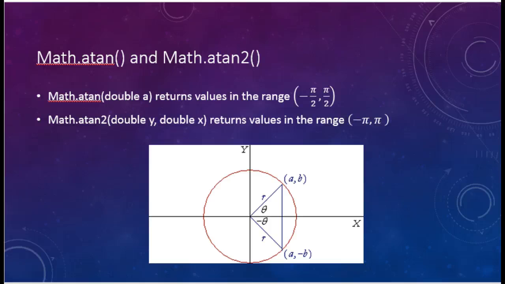So now, going from 1400 to today, we have these functions in the Java library, math.atan and math.atan2. Math.atan takes a parameter that's a double, and returns a value in the range minus pi over 2 to pi over 2. So what do I mean by that?